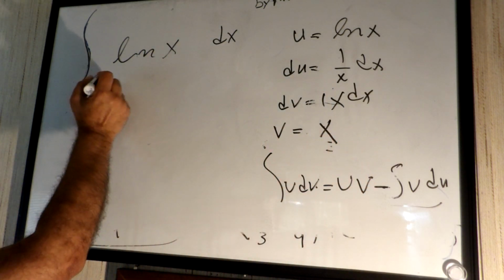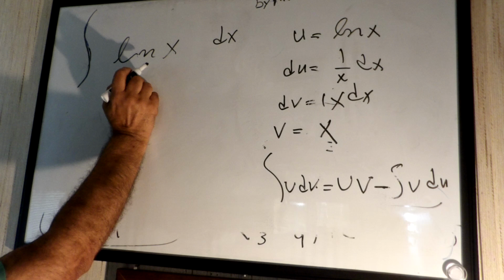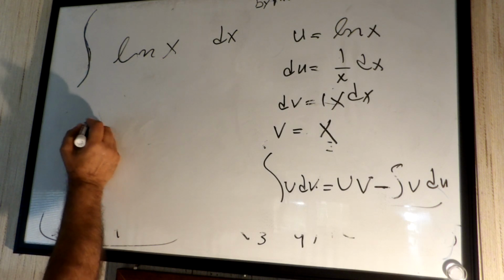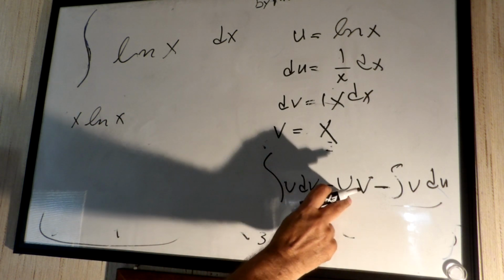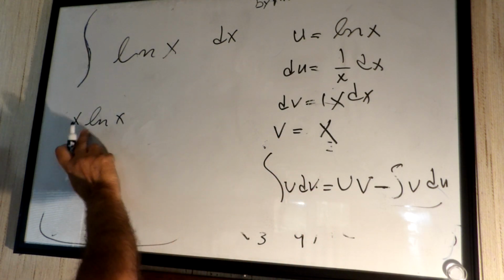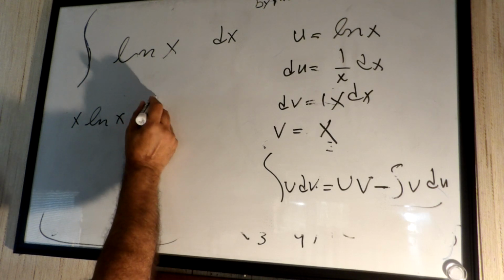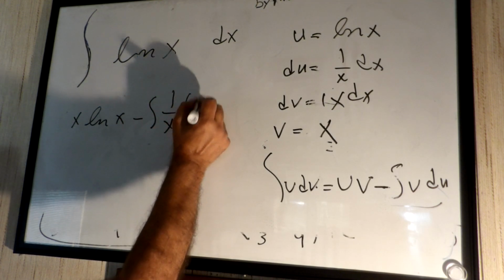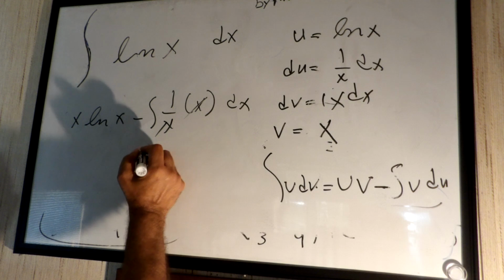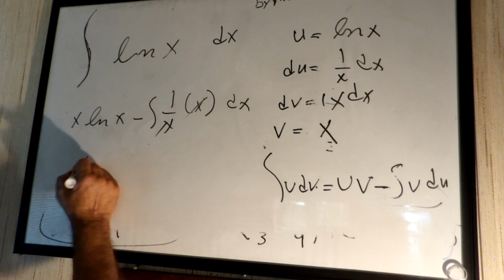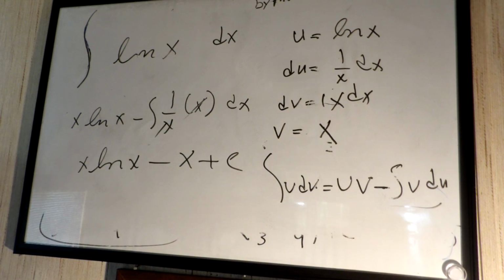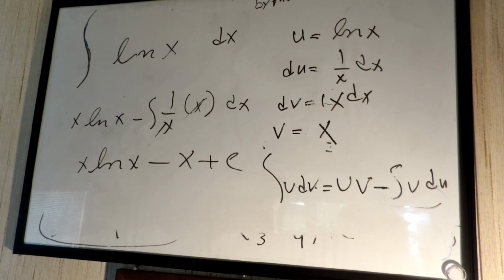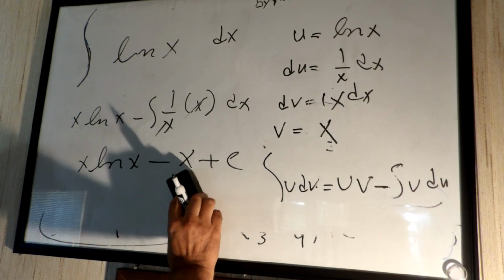Then uv minus the integral of 1 over x times x dx, the x cancels out, and it's going to be x ln x minus x plus c, and that is going to be this one.